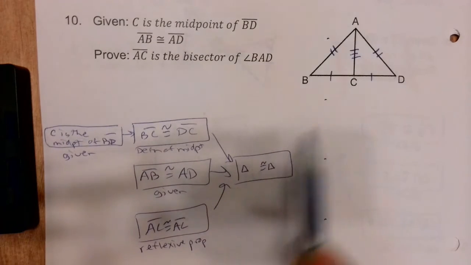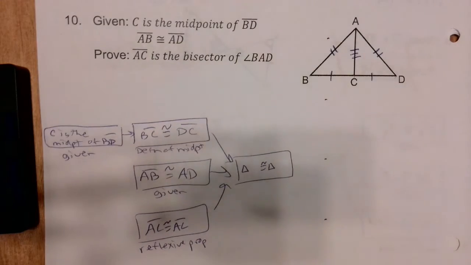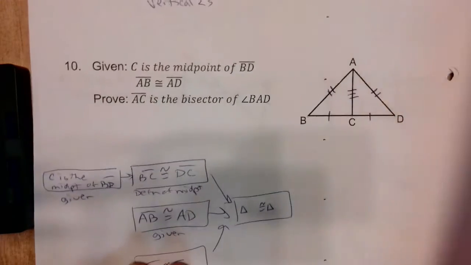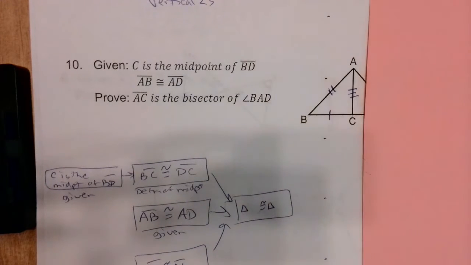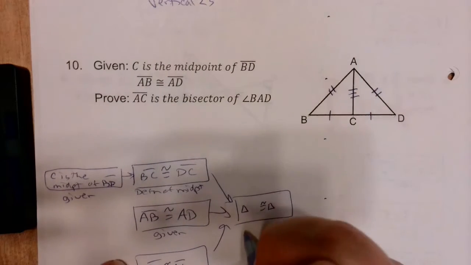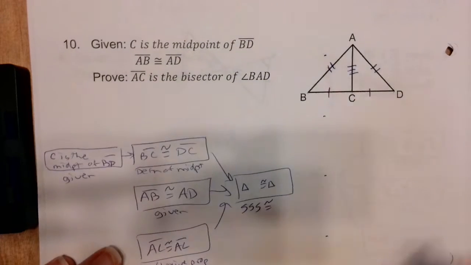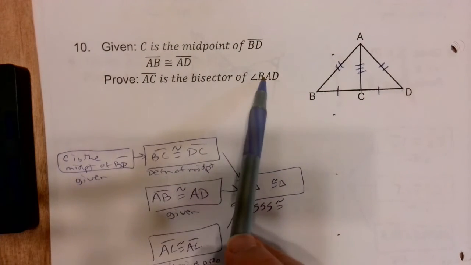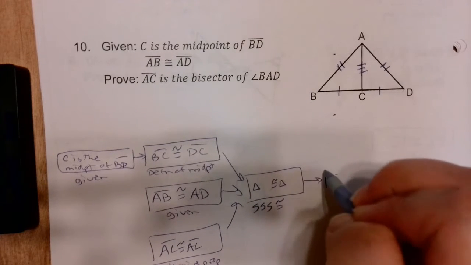And for me, when I filled in these markings in the picture, very, very quickly, because I did it as I went along, I saw right away it's side, side, side. So I'm going to go ahead and fill that in underneath. Now the issue is that what we're trying to prove can't go here because this is 2 triangles.